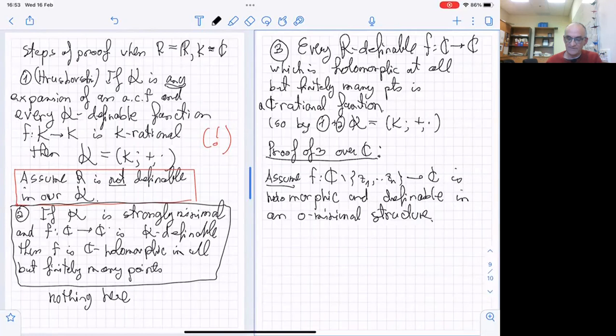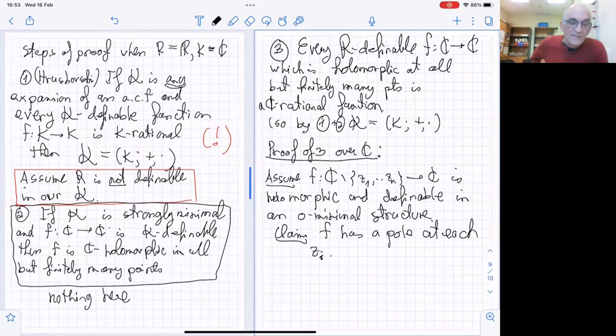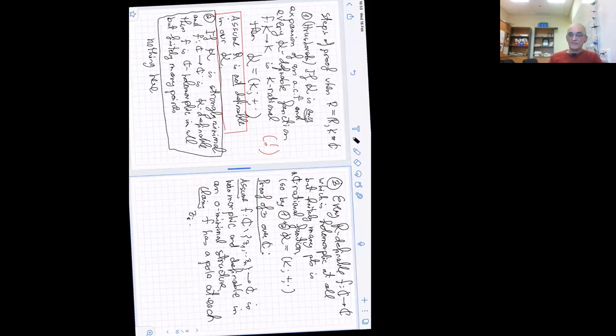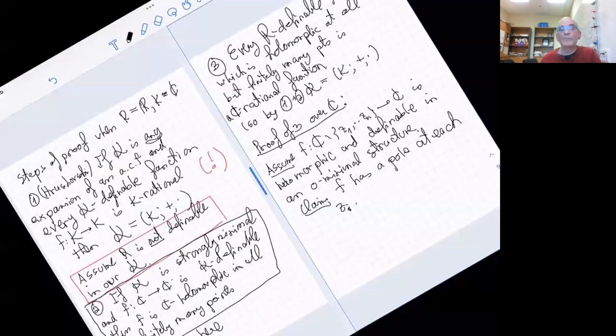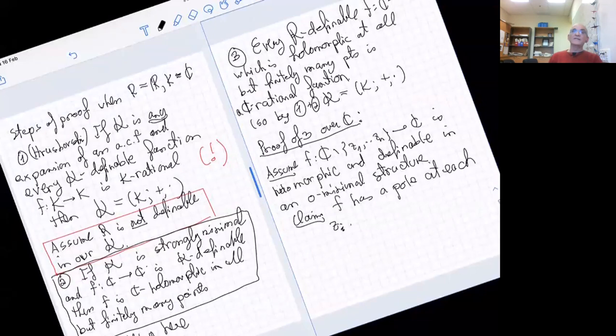Let us see. So claim: F has a pole at each Zi. So these are isolated singularities. Let us see that you can only have poles in the O-minimal setting.